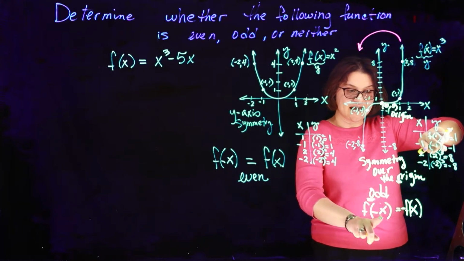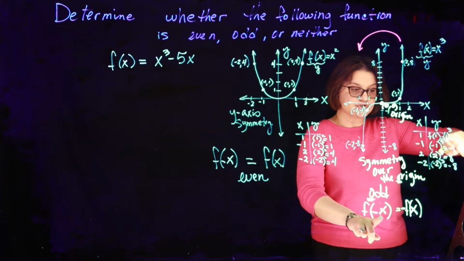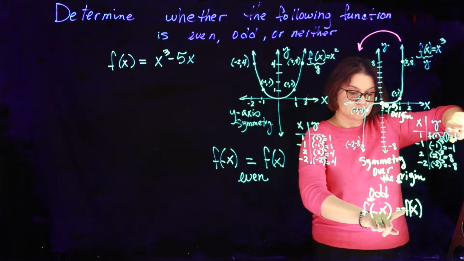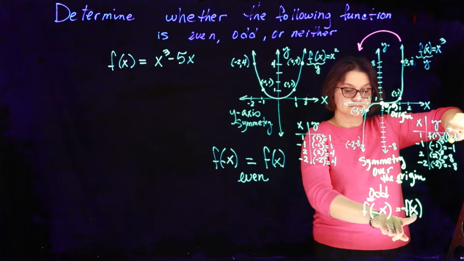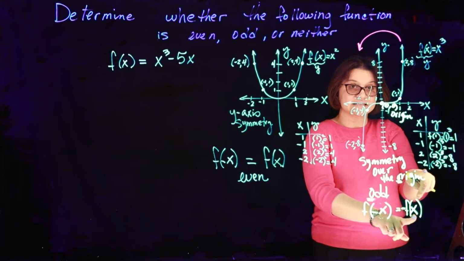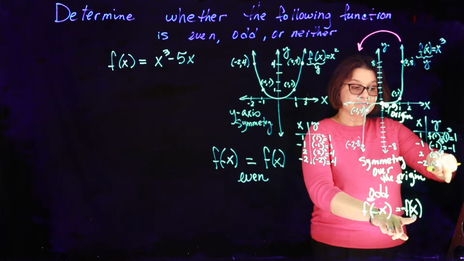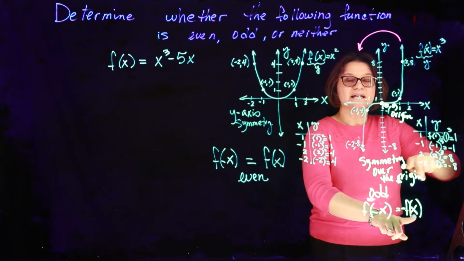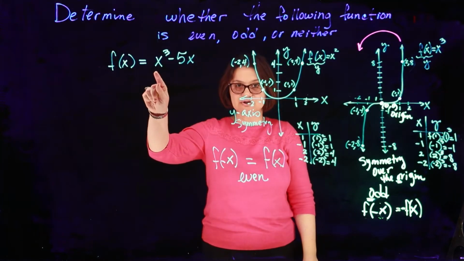When I took a negative x, my result was opposite of the original f of x. That means if I take a negative 3 and a positive 3, my result should be the same but with different signs. Let's see what happens to this function.